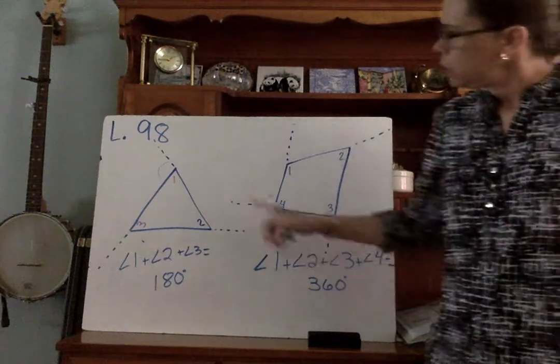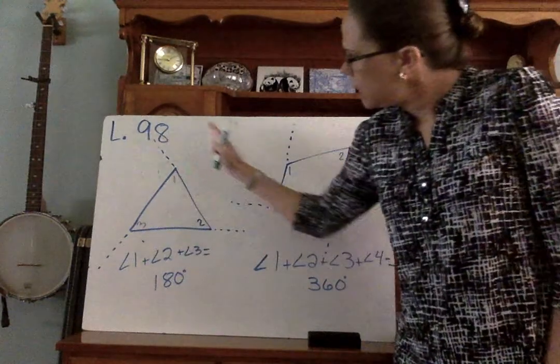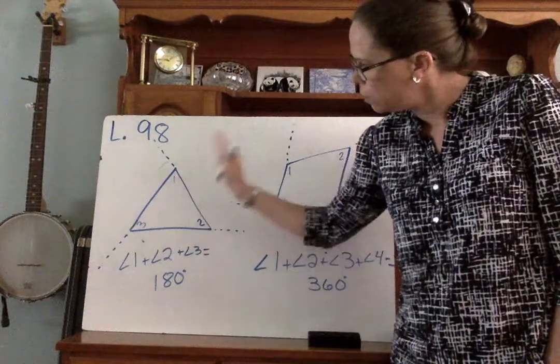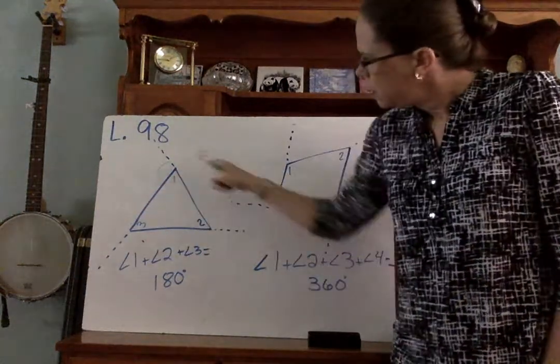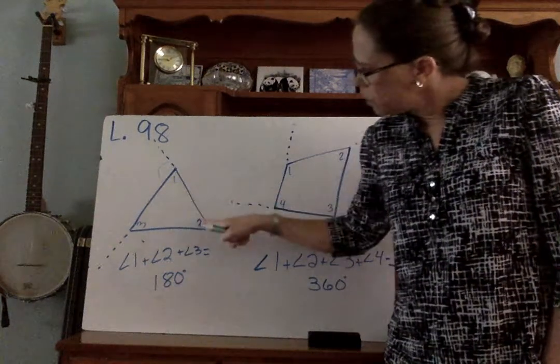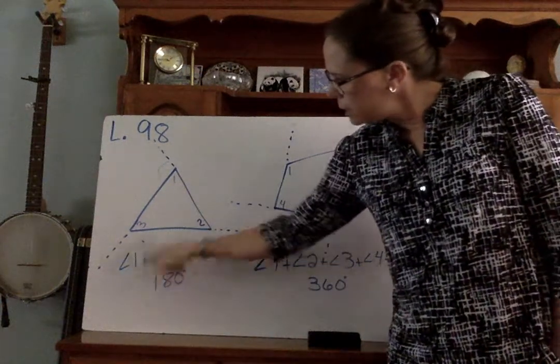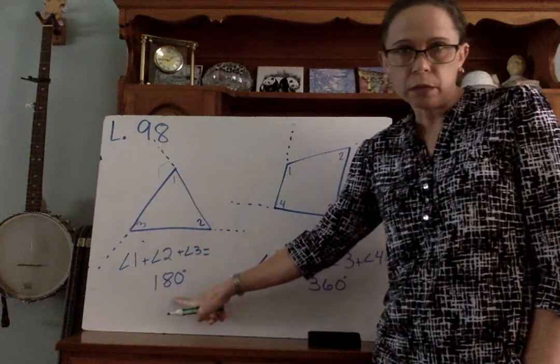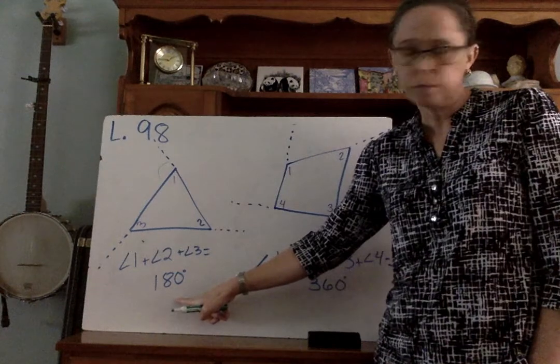Okay? So what we need to think about is if I walk all the way around this triangle, I'm going to make 3 turns. That will give me my exterior angles. The interior angles of the triangle, if I add these angles, 1 plus 2 plus 3, they must add up to 180 degrees. Okay?